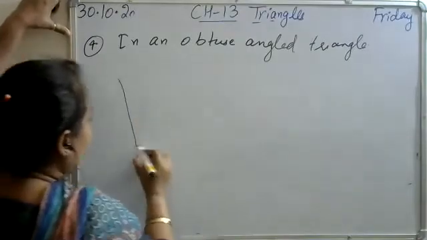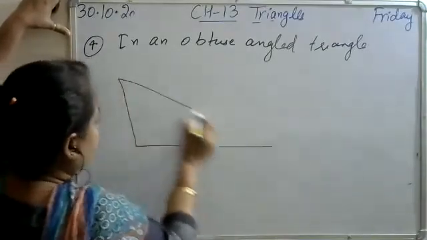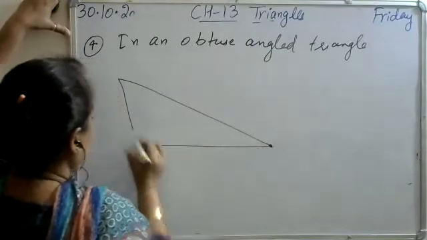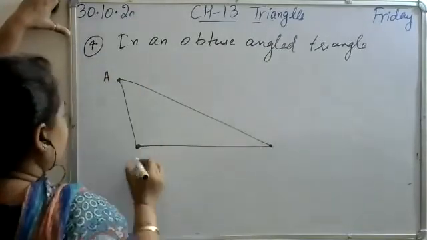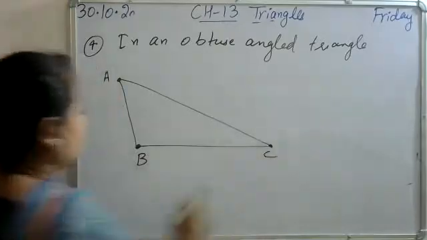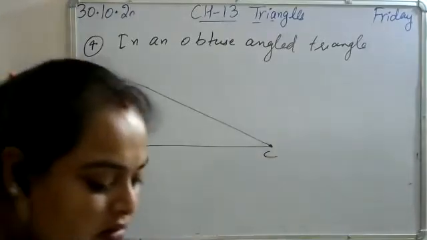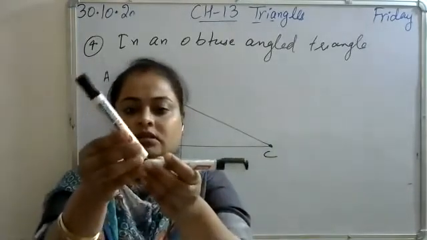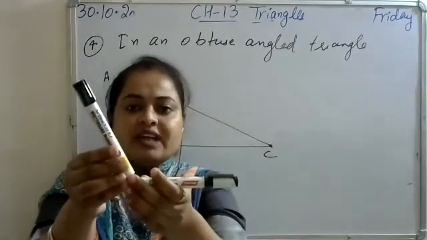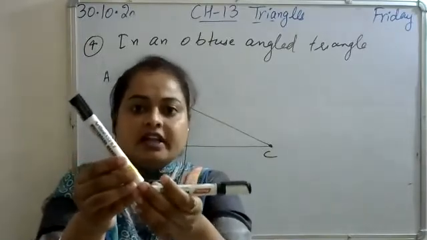This is the shape of an obtuse angled triangle. This is A, this is B, this is C. Fine? Like this. This is the shape of an obtuse angled triangle, na, greater than 90 degree.